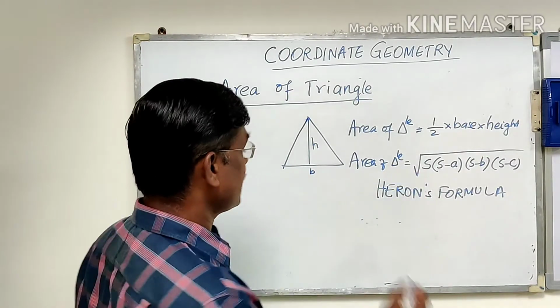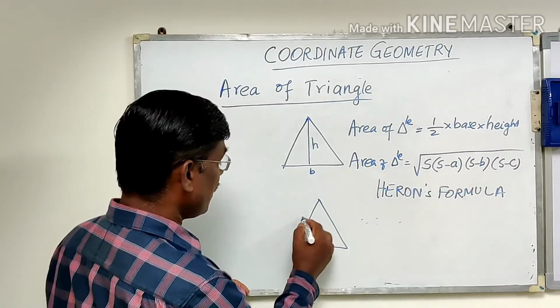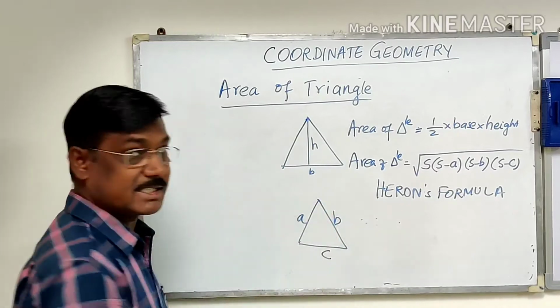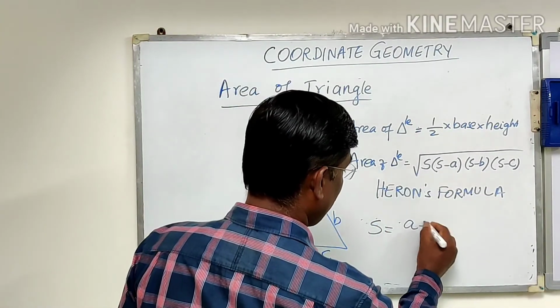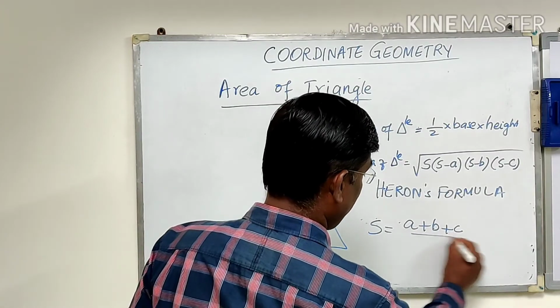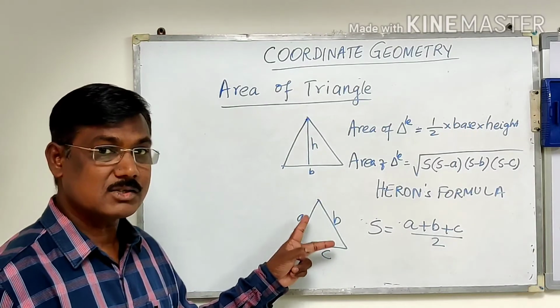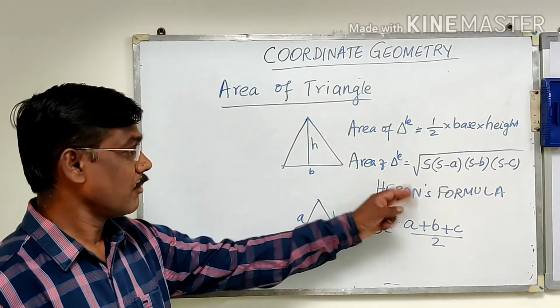What is S? a, b, c are the sides of the triangle, the lengths of each side. And S is nothing but a plus b plus c by 2. So if the lengths of three sides are given, then we can use Heron's formula.